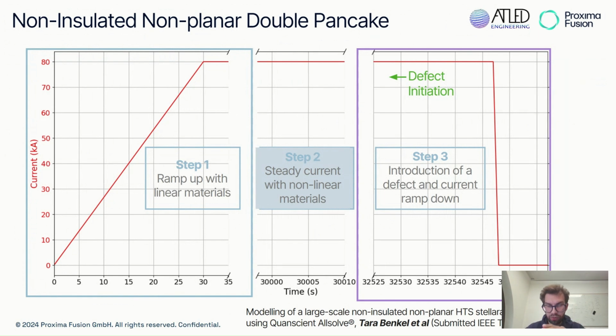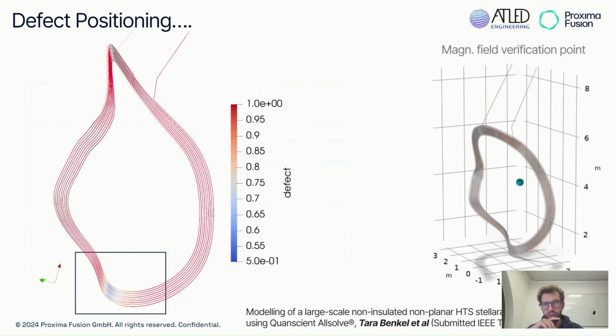And to do this, we need some current distribution. At the end of the day, what we want to do is place a defect, detect quench, and ramp down the current. And this is pretty much what we did.